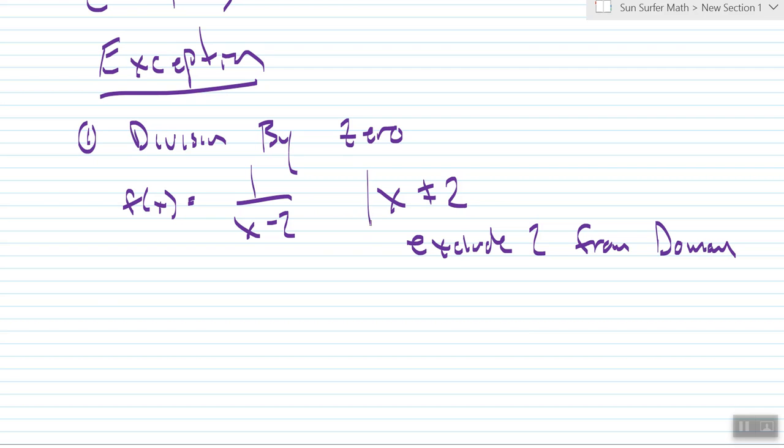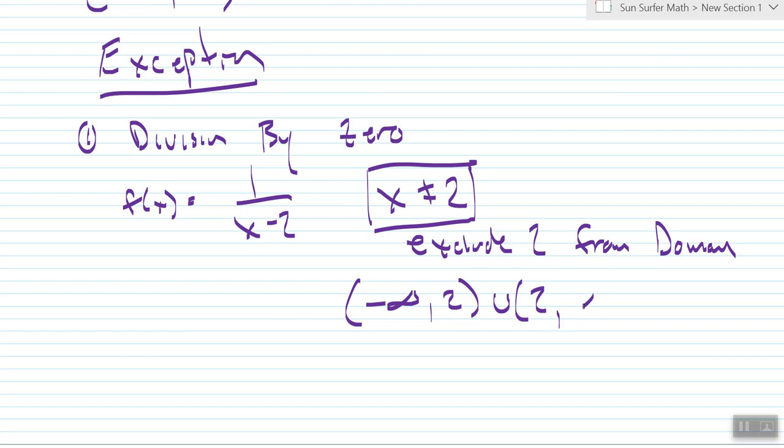Now, sometimes you can just simply write x cannot be equal to 2, but if you need to use interval notation, the way that we would write that would be paren, negative infinity, comma, 2, paren, union, 2, comma, positive infinity, paren.